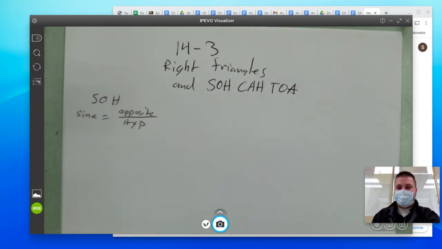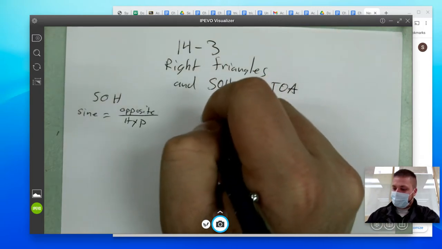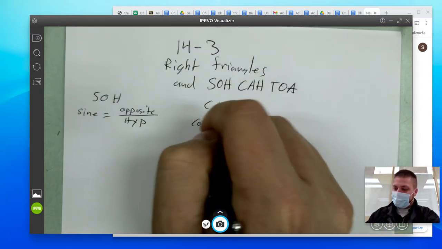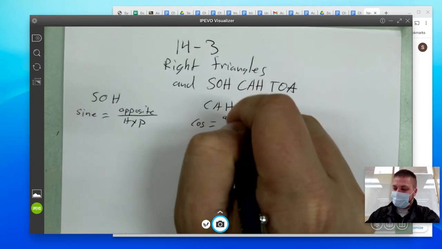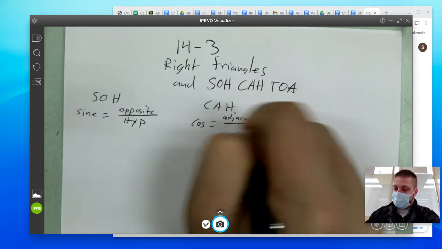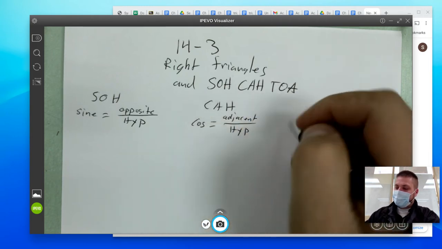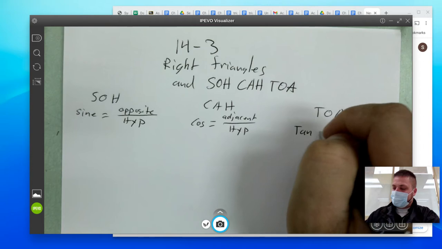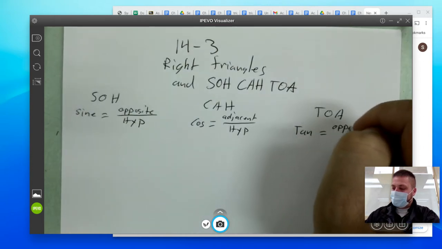I'll describe what this means in a second. CAH is to remind you that cosine is equal to adjacent over hypotenuse. And TOA is reminding you that tangent, or tan, is equal to opposite over adjacent.